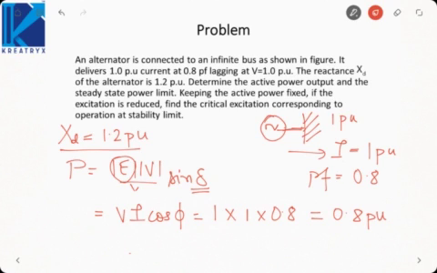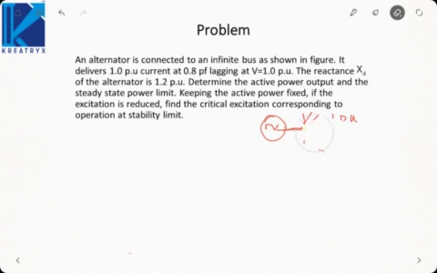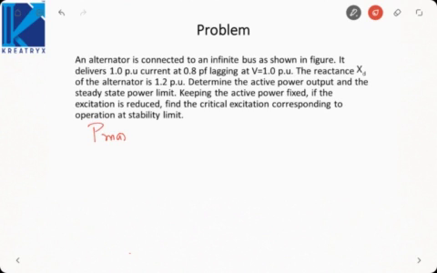Now it is asking for the steady state power limit. The steady state power limit will be P max, that is equal to mod E mod V by XD.